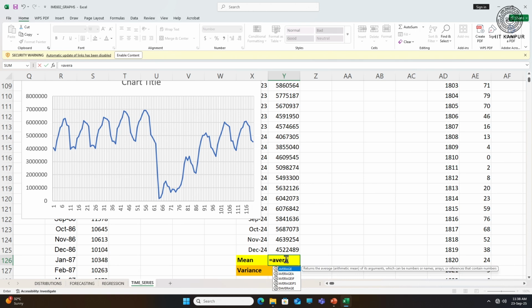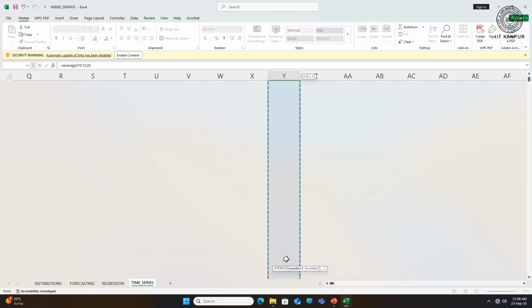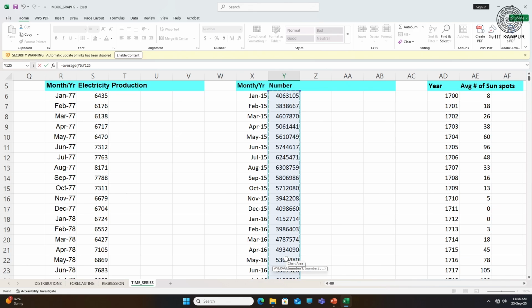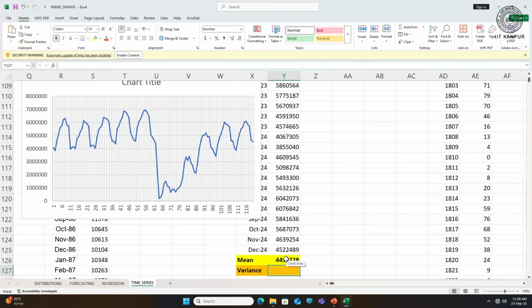Now, let me put it. So, average, and if I find out the variance, wait, am I doing it right?